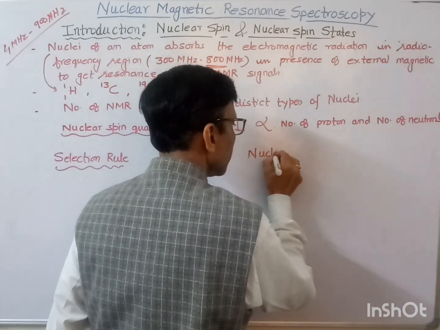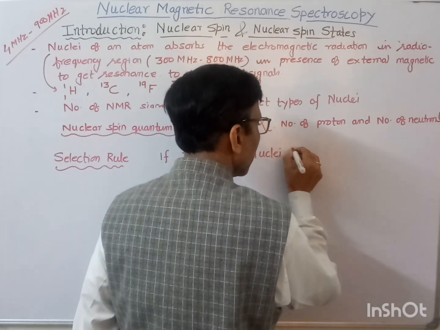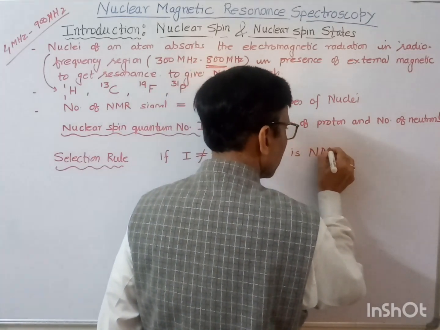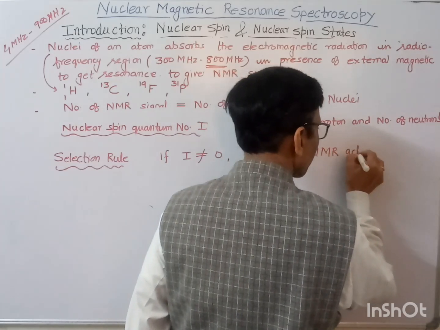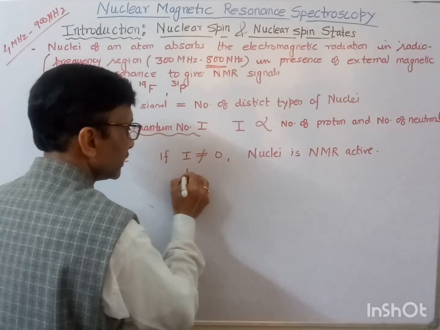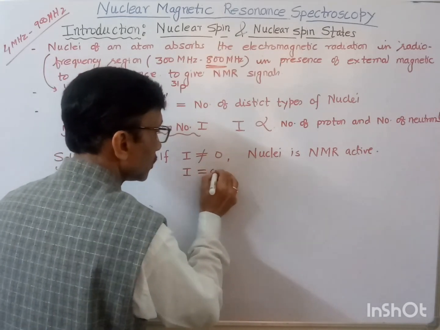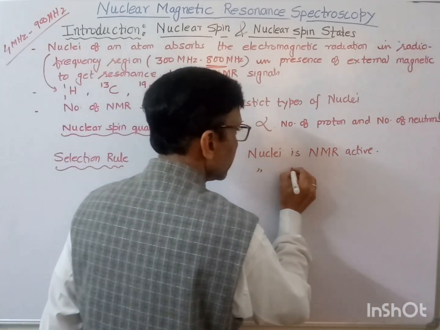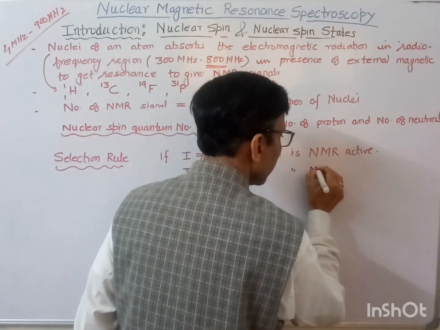Then the nucleus is said to be an NMR active nucleus. Okay, and if I is equal to 0, then such a nucleus is NMR inactive.